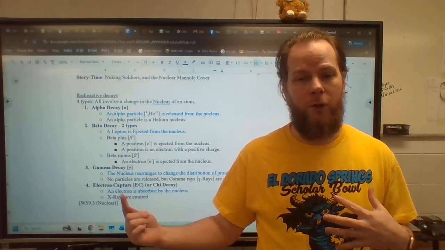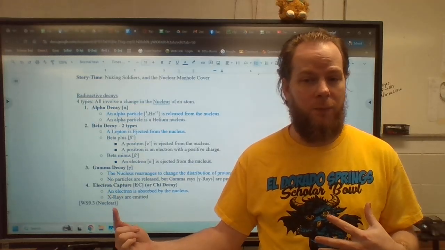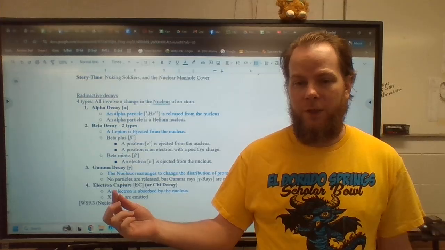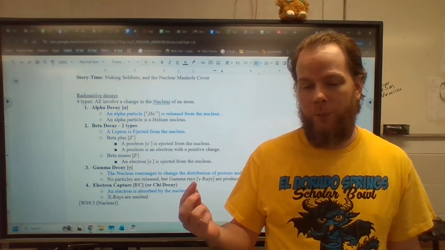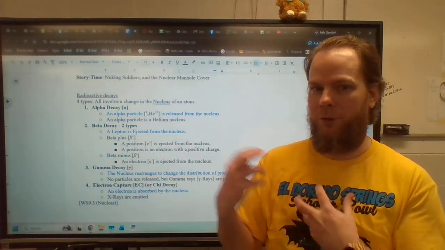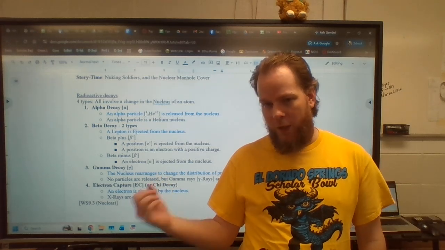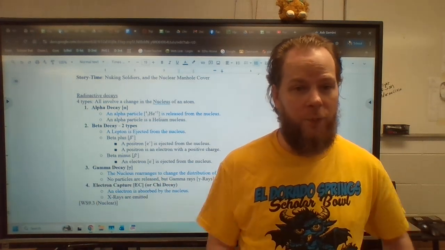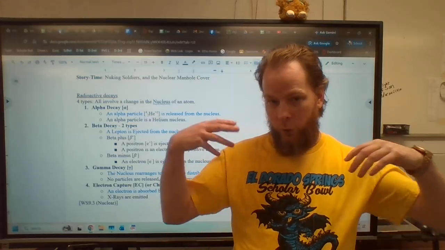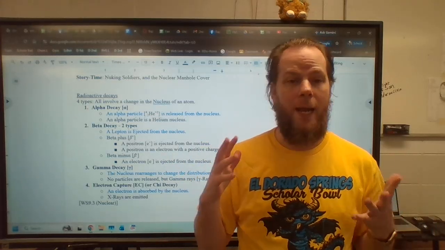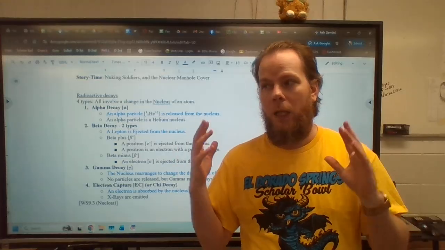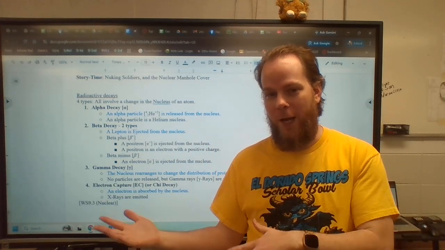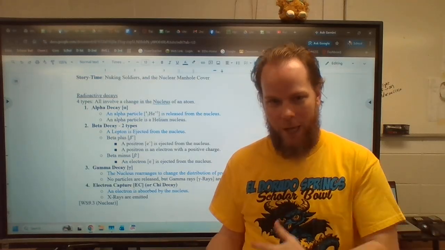There's no particle emitted, much like gamma decay. It emits rays. So an electron in this case is being absorbed into the nucleus, or captured. And we called it chi decay because we were detecting chi rays being released. Now, to most people, though, a capital chi is an X. And so instead of being called chi rays, they're now called X-rays.